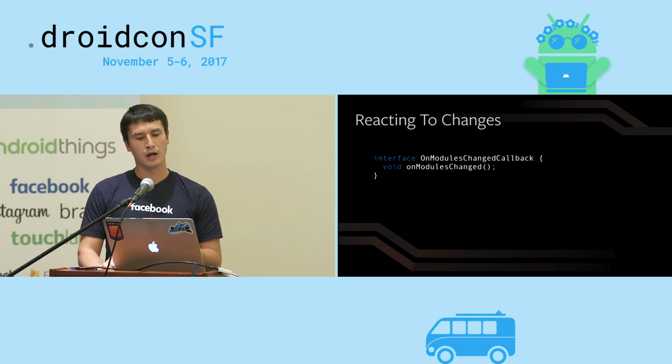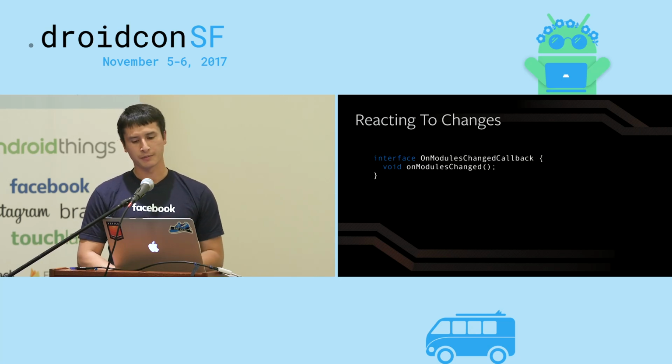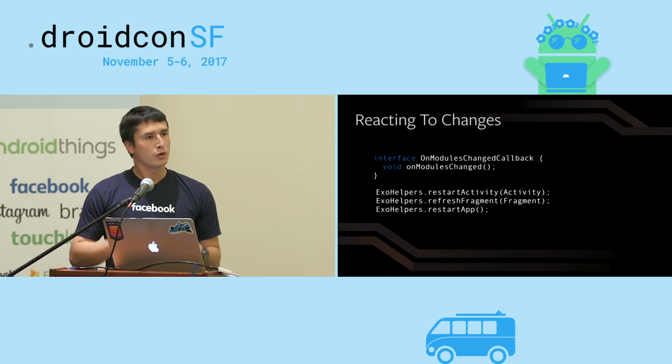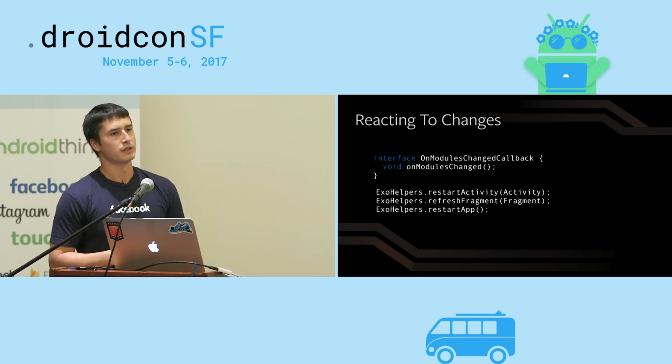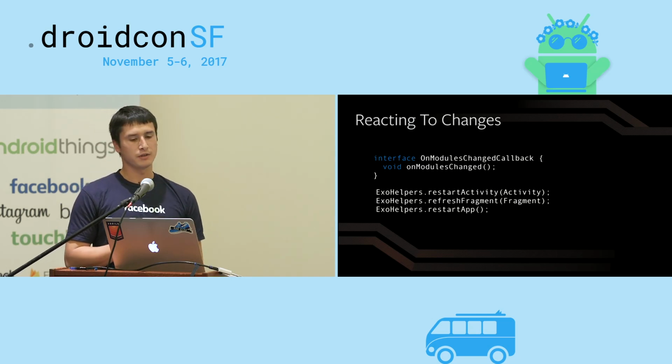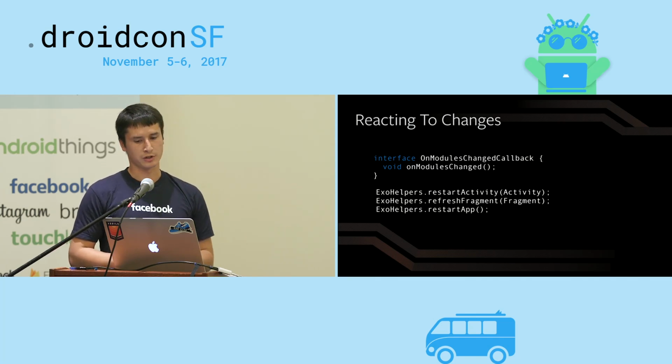Right now, there's a simple callback that you can register, and you can see whenever code changes via hot loading. And then we let you respond. You can do whatever you want in this callback, but we've provided some helper functions to allow you to restart the top activity, refresh a given fragment if your app is fragment-based, or go nuclear and restart the whole app, and this will perform a cold start.